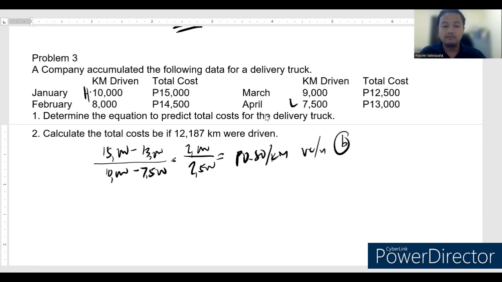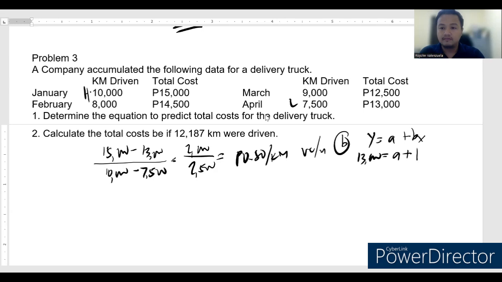Okay? So now that we got B, pwede na natin computein yung ating total fixed cost. So again, pili lang tayo ng highest or lowest. Gamitin ko yung lowest. So 13,000, again yung Y = A + BX. 13,000 equals, ito yung hinahanap natin, yung A, so unknown pa yan.